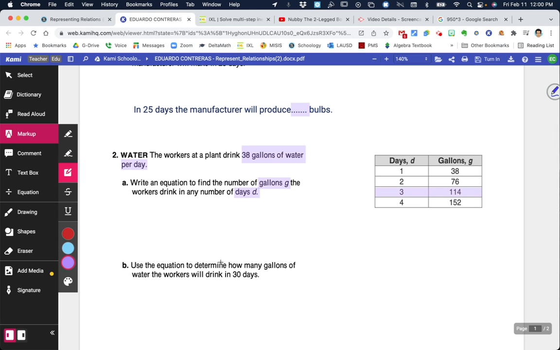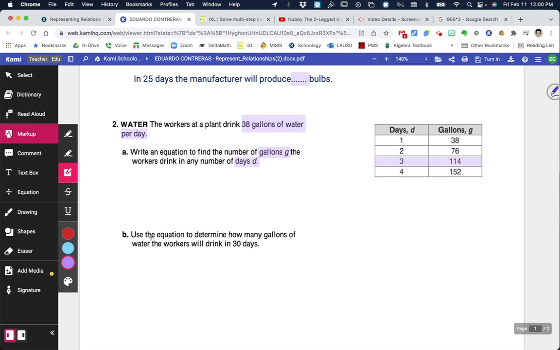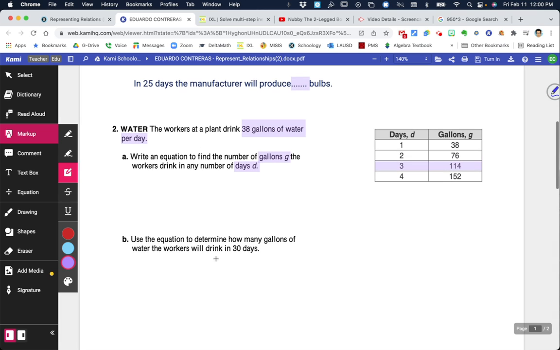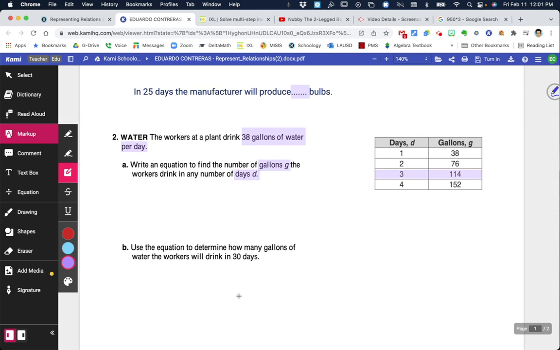And then you're going to do the same thing. Answer part B, where it says use the equation to determine how many gallons of water the workers will drink in 30 days. So you do the equation and then write a sentence explaining your answer.